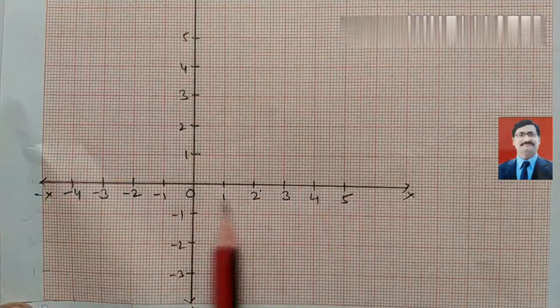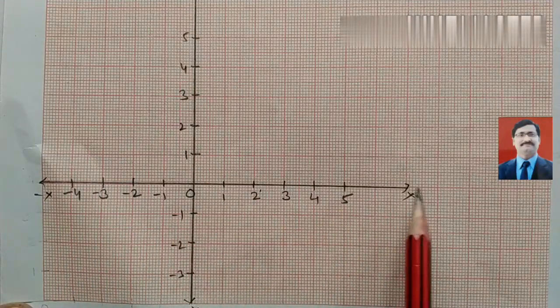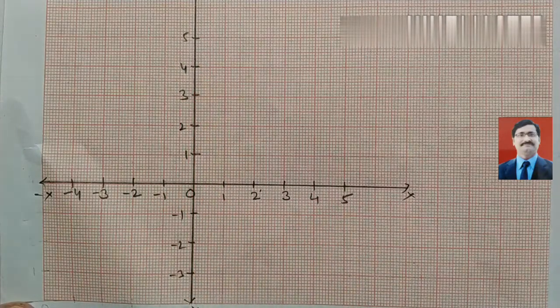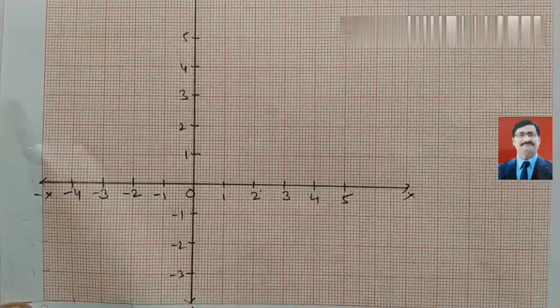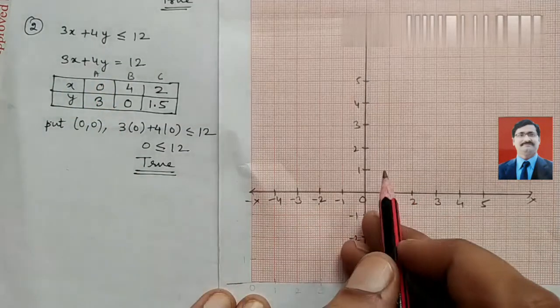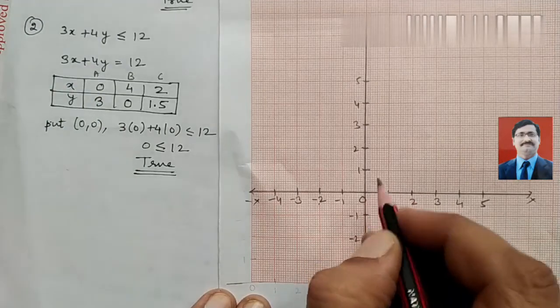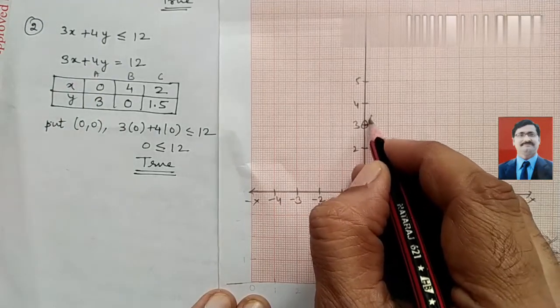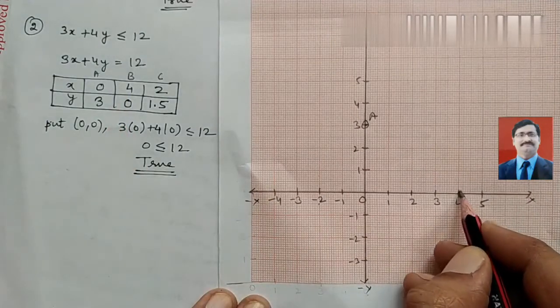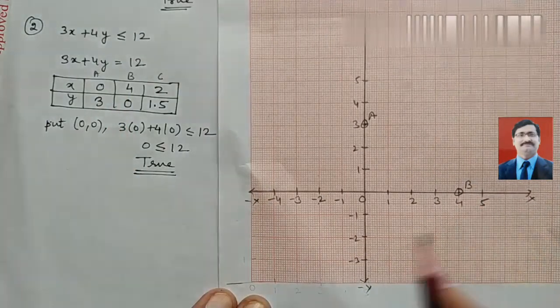Here on the x-axis we can take 1 centimeter equal to 1 unit, and on the y-axis also you take 1 centimeter equal to 1 unit, and we will prepare this graph. Look here, all of you, the first point is 0 and 3. So this point is 0 and 3. This is A. The second point is 4, 0. This is the B point.